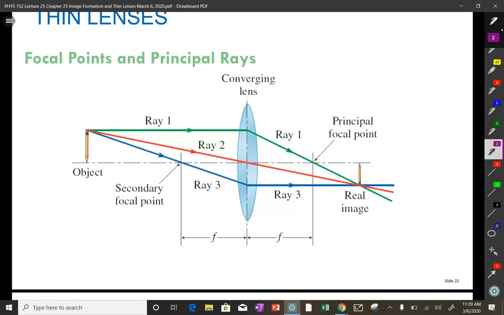So here is a construction that is much more accurate than mine. We have an object. Notice we're only using the tip of the object. Why don't we do the other side of the object? That should be a little troubling, right?